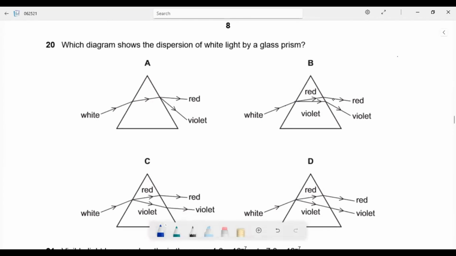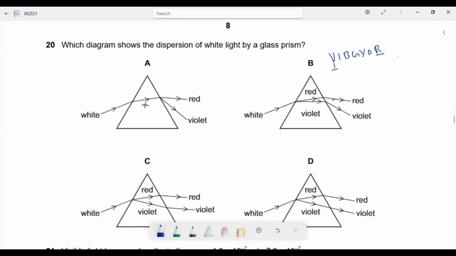Which diagram shows the dispersion of white light by a glass prism? When white light is dispersed in a glass prism, it will split into VIBGYOR. And violet will be most deviated and red will be least deviated. So this is wrong.